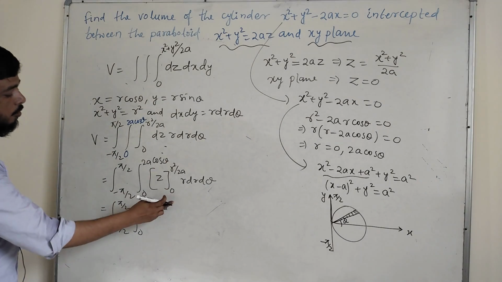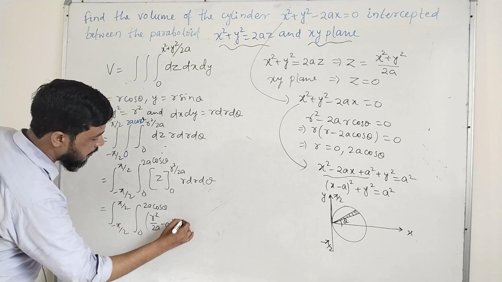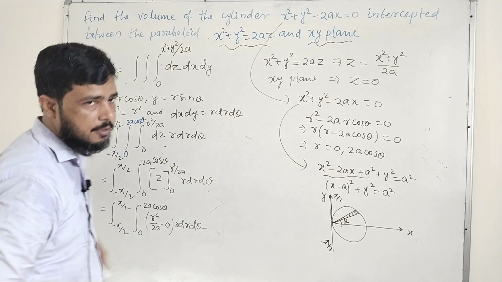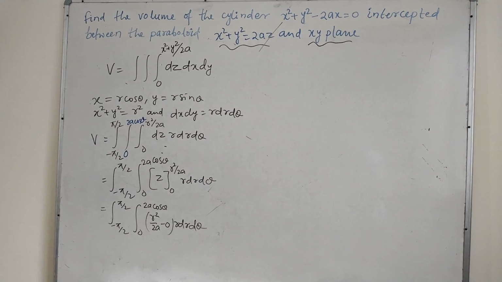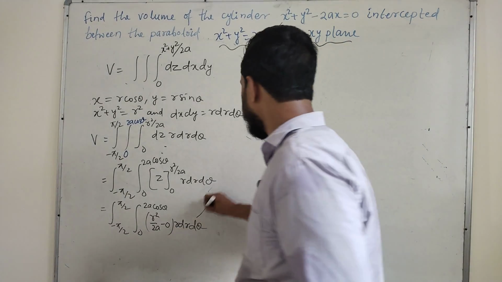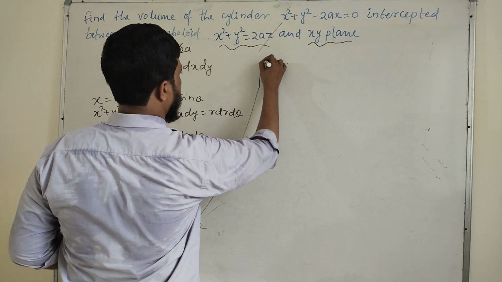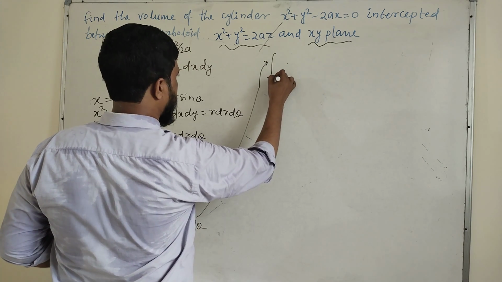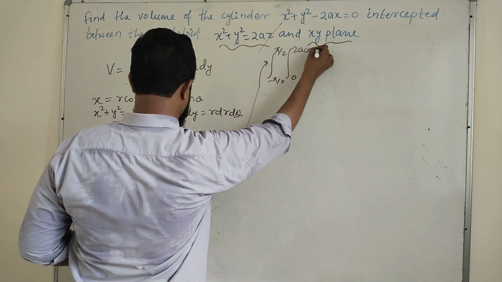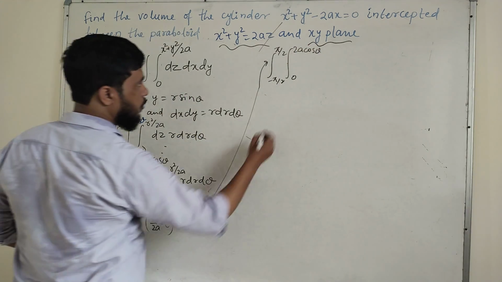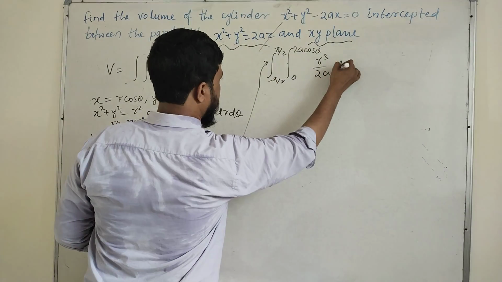So upper limit minus lower limit, r square divided by 2a minus 0, r dr d theta. Minus pi by 2 to pi by 2 and this is 0 to 2a cos theta, r square into r is r cube divided by 2a dr d theta.